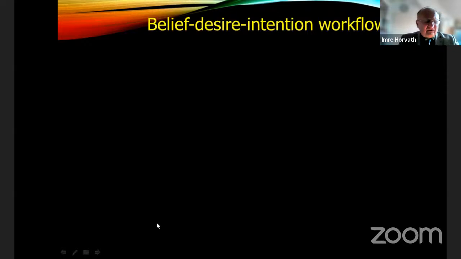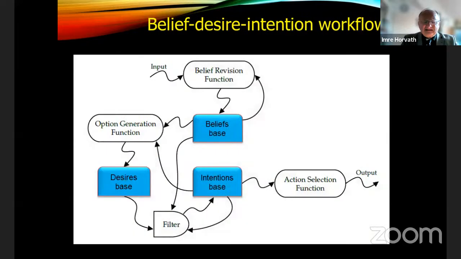Before going further, I believe it is meaningful for us to cast light on how this belief, desire, intention workflow is actually organized. Here is an overview.